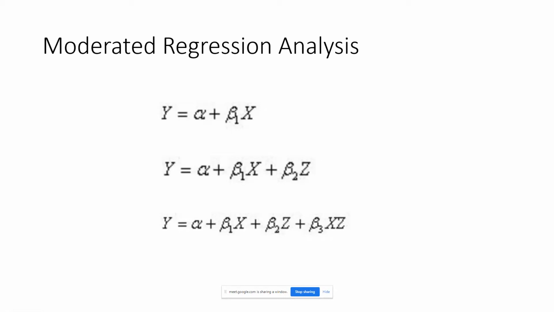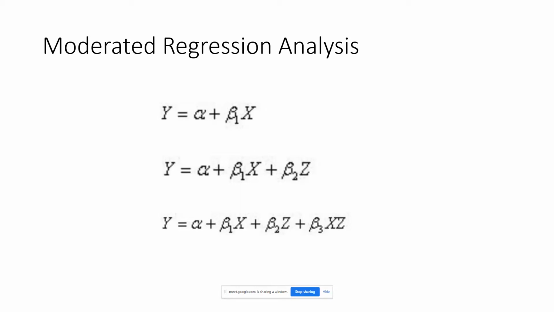It is just an independent variable. So take note that if the coefficient of our xz is not significant, then z is not a moderator. If it is statistically significant, then z will be a moderator variable, and thus moderation is supported.